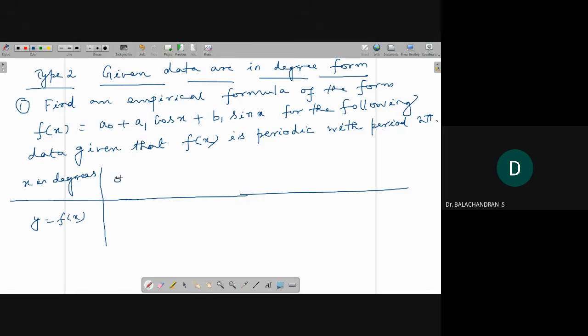So x is 0 degree, 60 degree, 120, 180, 240, 300, 360. Corresponding values of y are 40.0, 31, minus 13.7, 20.0, 3.7, minus 21.0, 40.0.